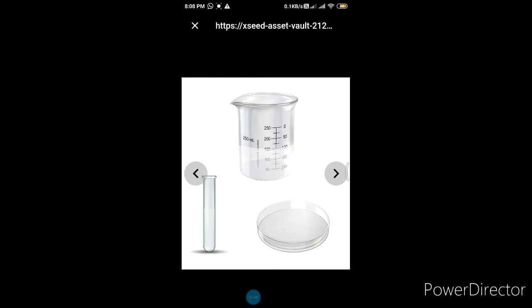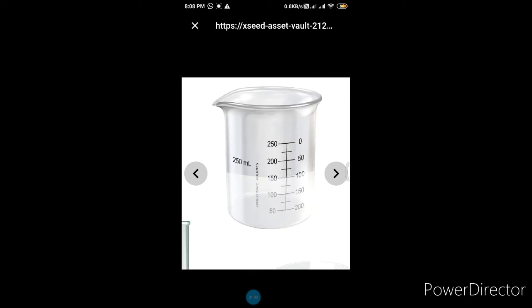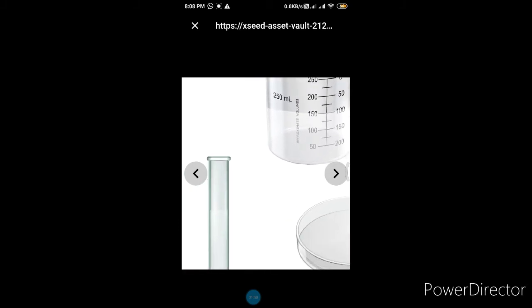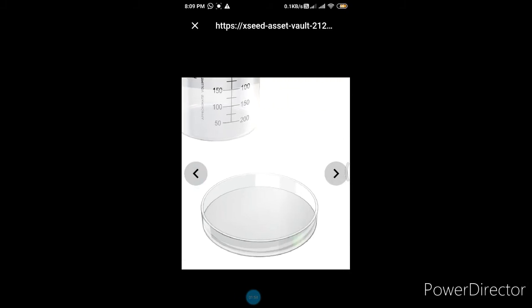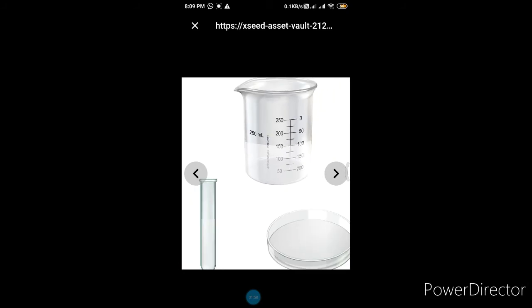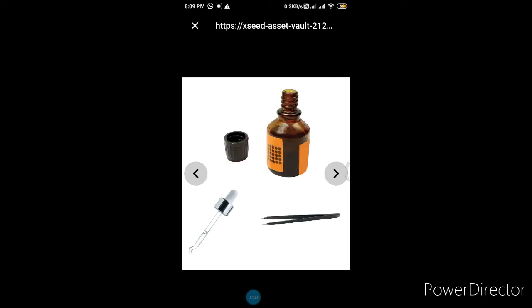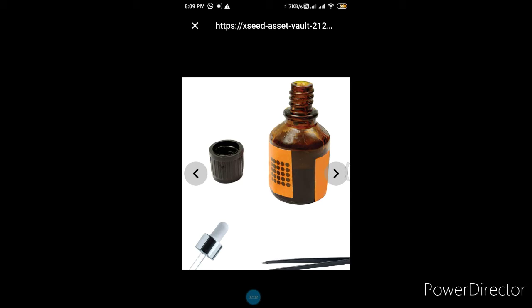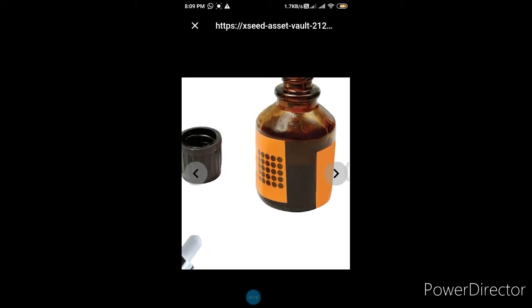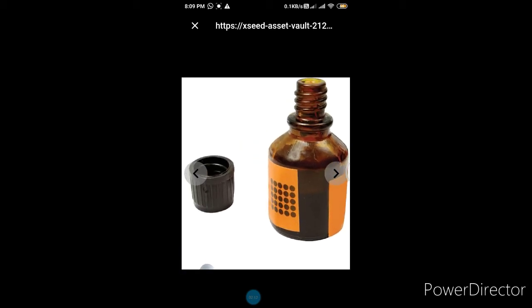A beaker, a test tube, and a watch glass or petri dish are what you need for this experiment. Along with that, you also need iodine solution. This is a chemical called iodine, which we use to test the presence of starch.